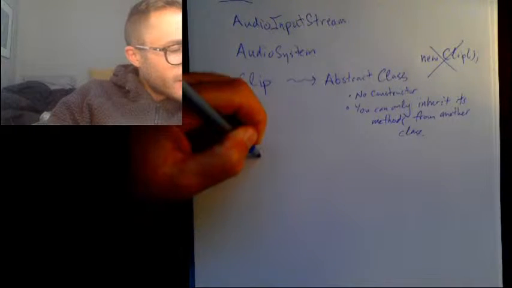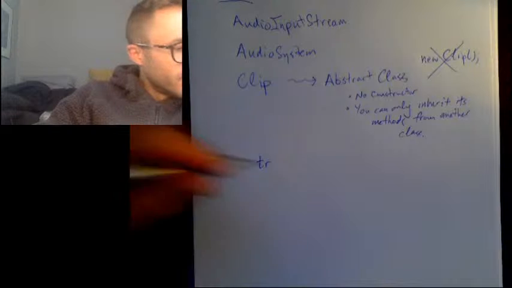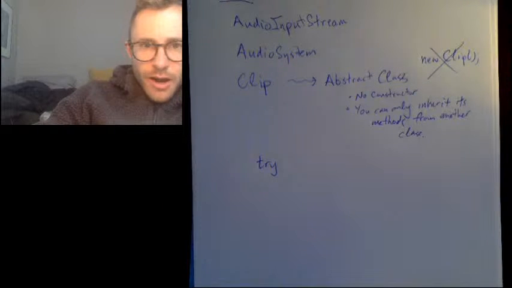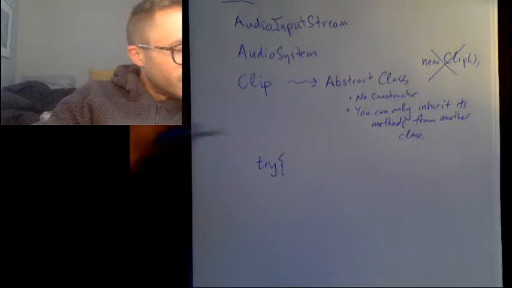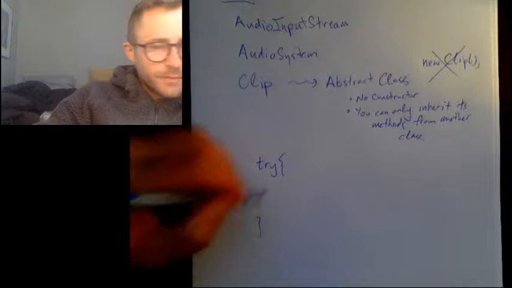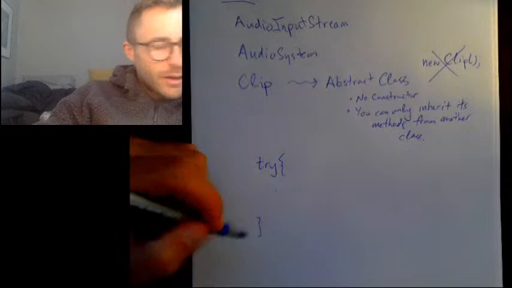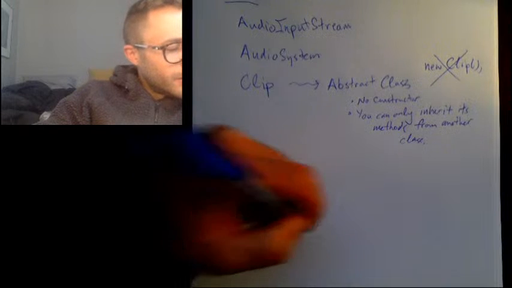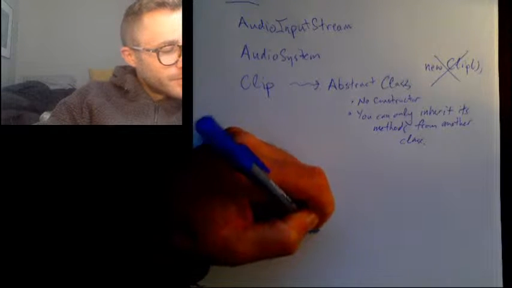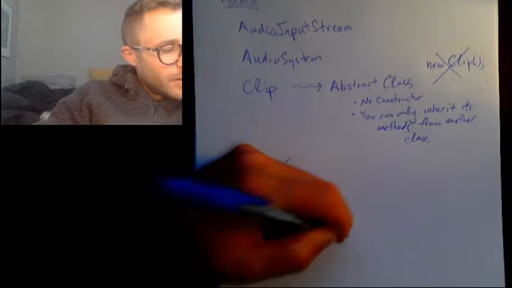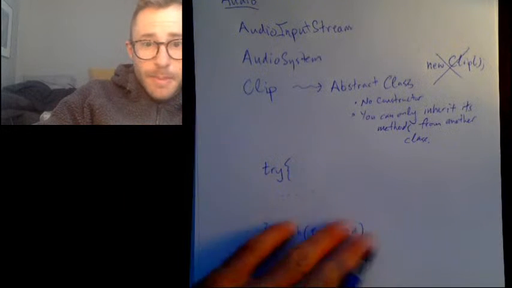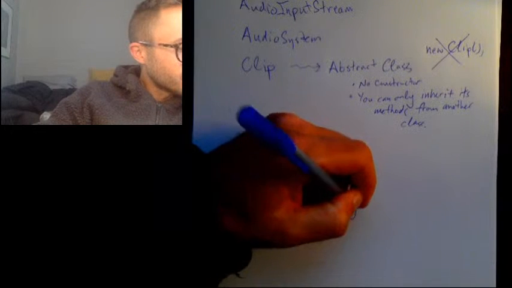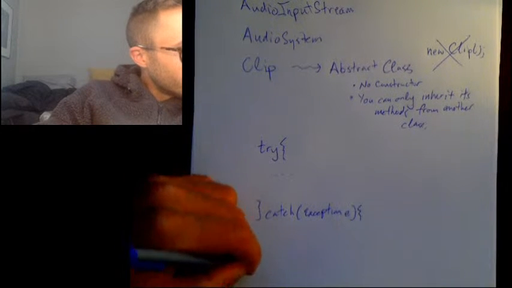So a try-catch block is some code where you have try, and then you have a block of code, and then you catch an exception, E, okay, and then you have some code.